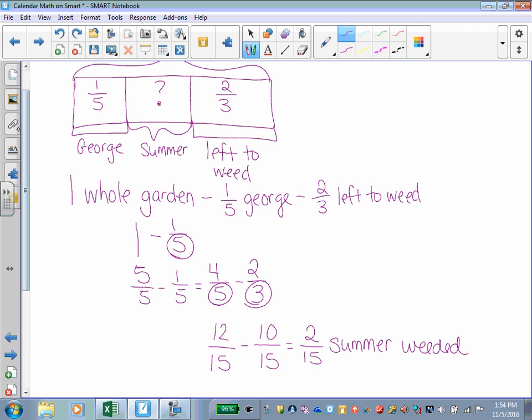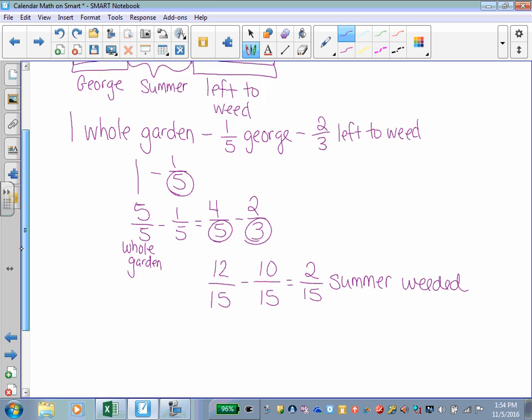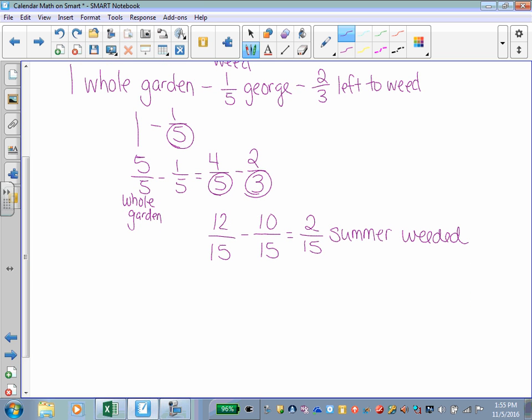Okay, and if you go back in and label it, this one whole is the whole garden. The 1/5 was what George did. We'll just abbreviate with a G. Alright, the 2/3 here is what was left to be weeded.